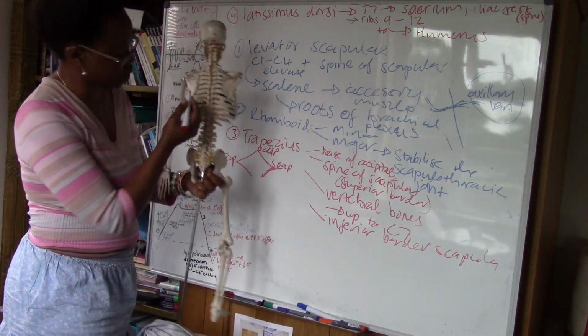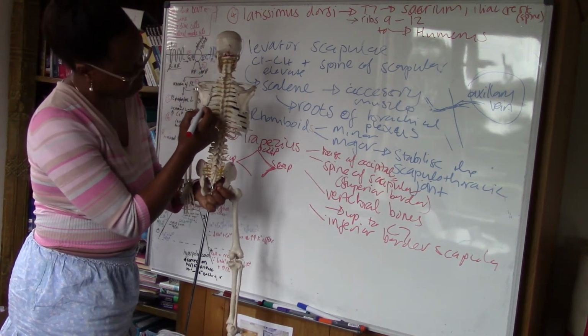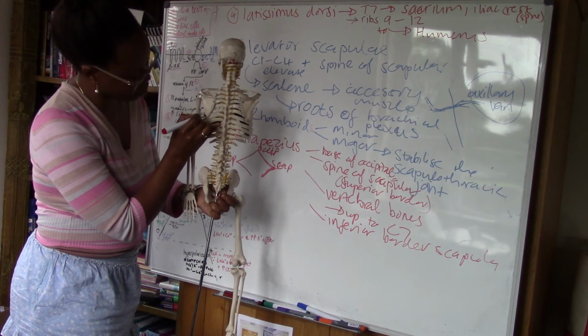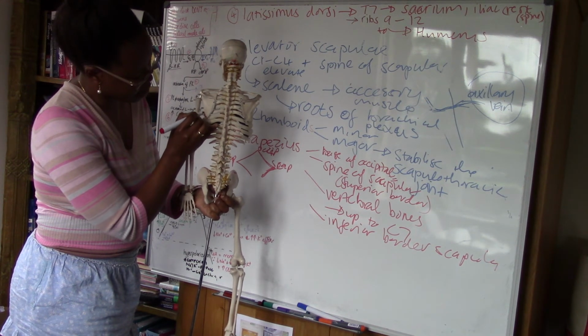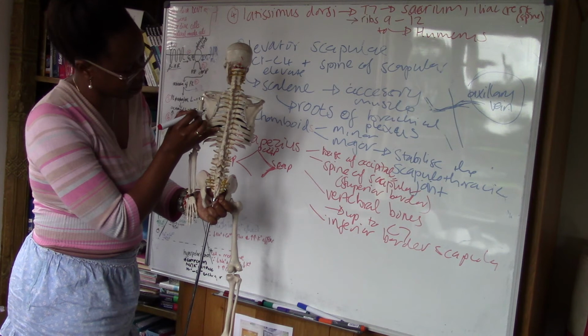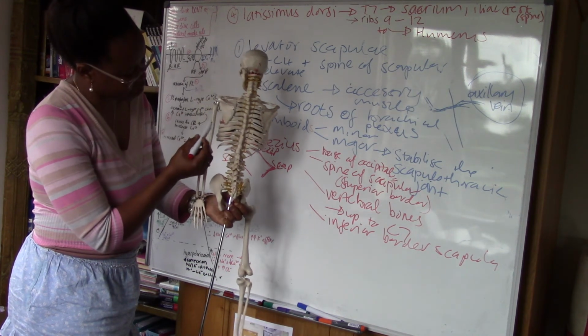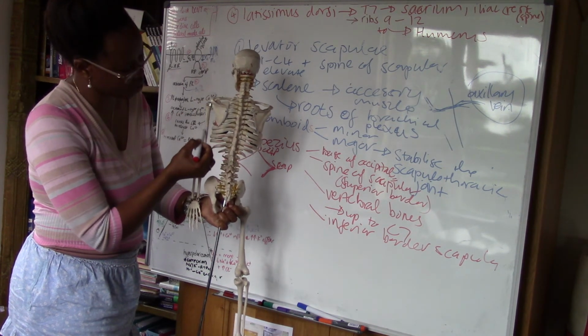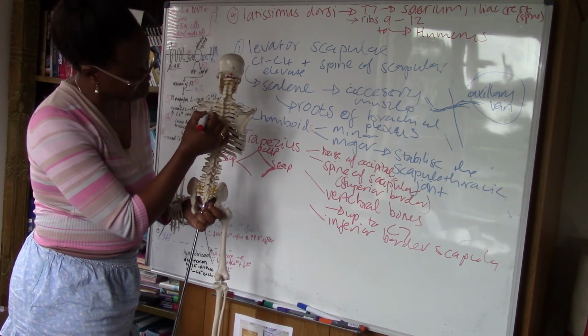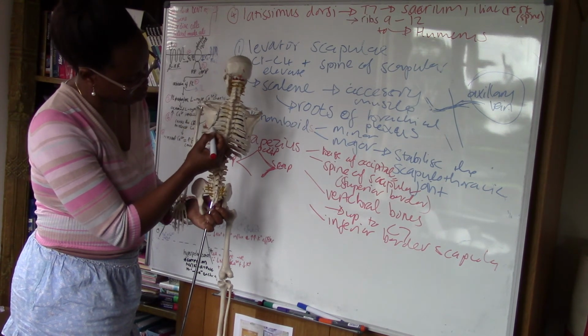I should mention that teres major arises from the inferior angle and lateral border of the scapula and attaches onto the humerus as well, while the rhomboid minor and rhomboid major are there.